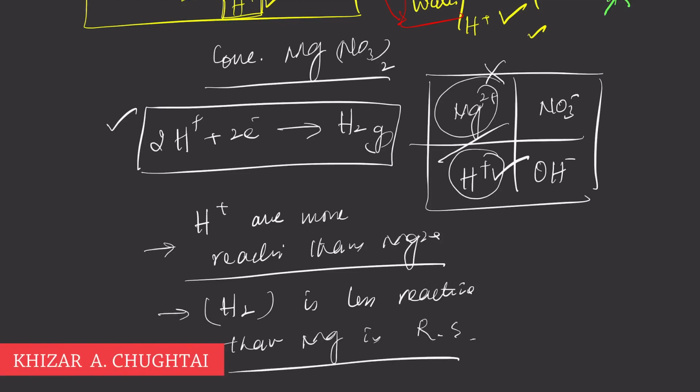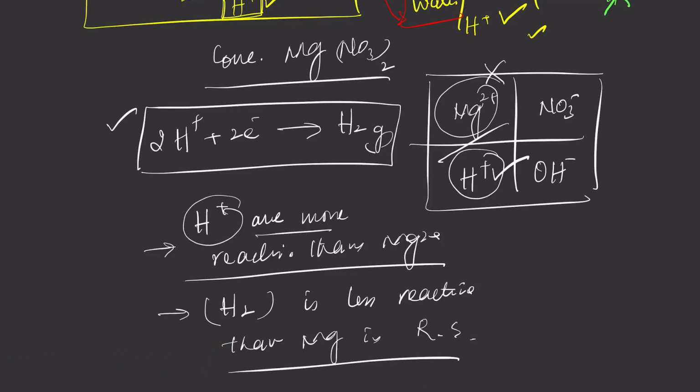You can report these two types of reason. Hydrogen ions are more reactive ions than magnesium 2 positive aqueous ions, or we can also write H2 is the less reactive element than magnesium in the reactivity series. These two are appropriate reasons for the reason of your choice.